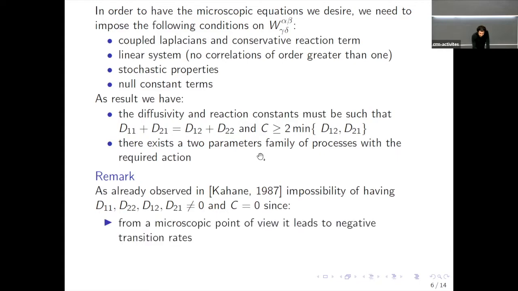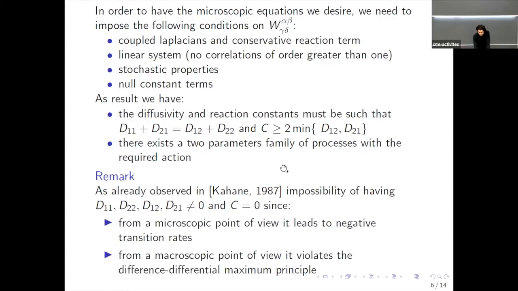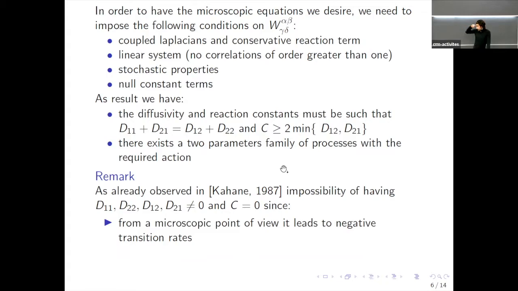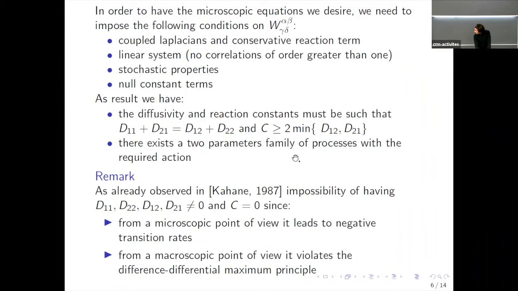This is because, if it happened, we would have negative transition rates from a microscopic point of view, or from a macroscopic point of view we would have a violation of the maximum principle for the limiting equation.